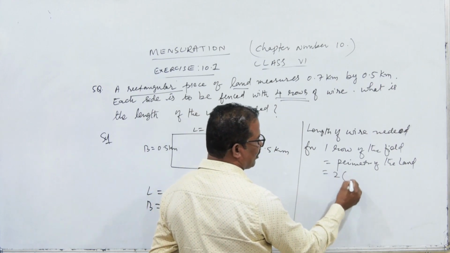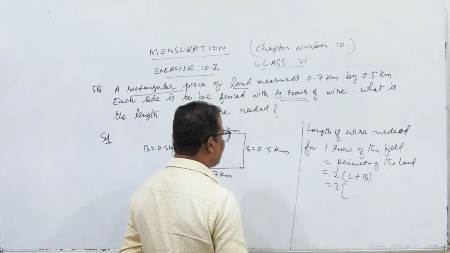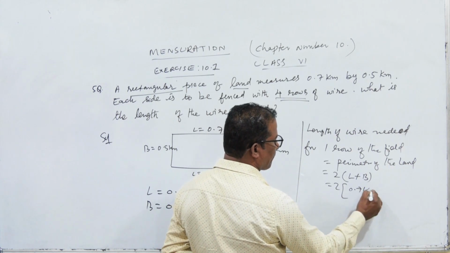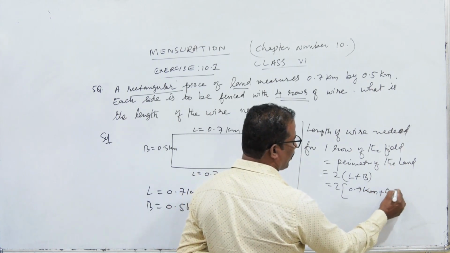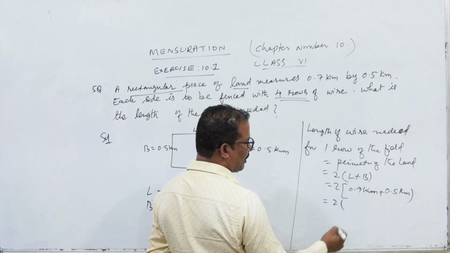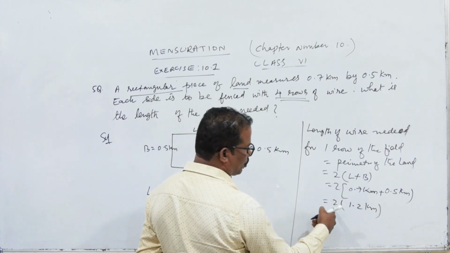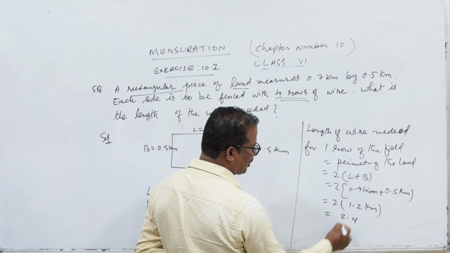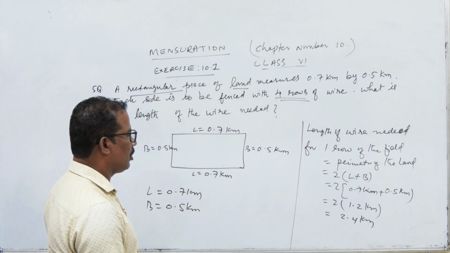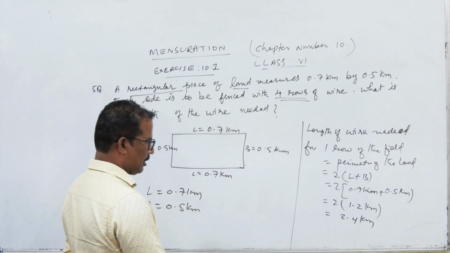It is in the shape of a rectangle, that is 2 into length plus breadth. That means 2 into, what is the length here? That is 0.7 kilometer. Then breadth is 0.5 kilometer. So 0.7 plus 0.5 is how much? 1.2 kilometer. Okay. Then this will be multiplied with 2. So 2 into 1.2, it is 2.4 kilometer. So for one round, how much length is required? 2.4 kilometer of wire is required for one round.